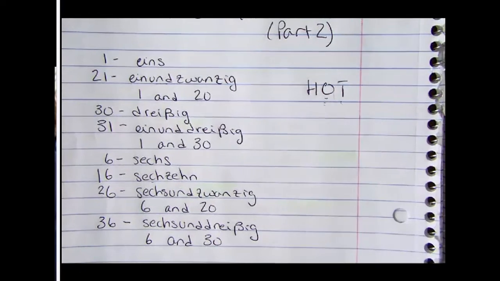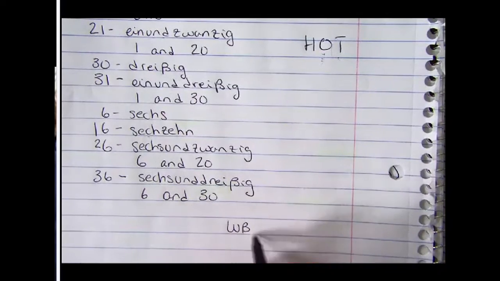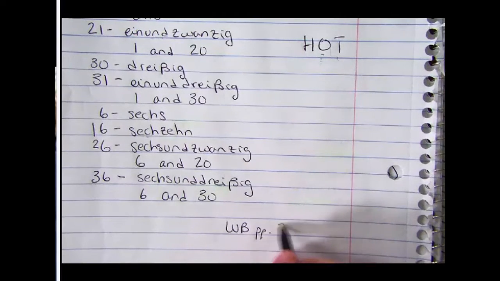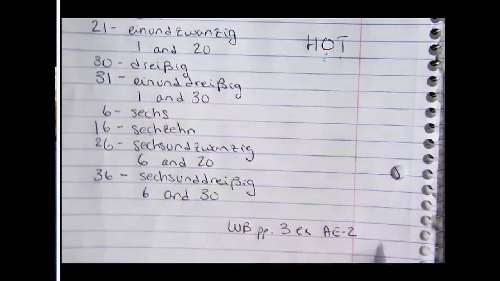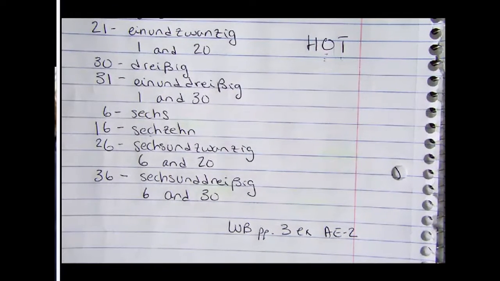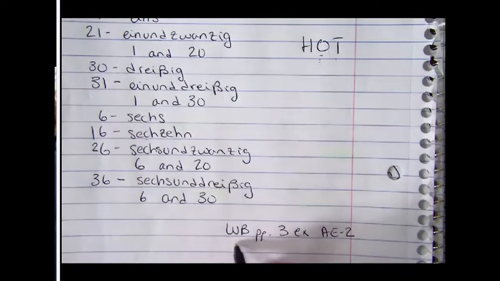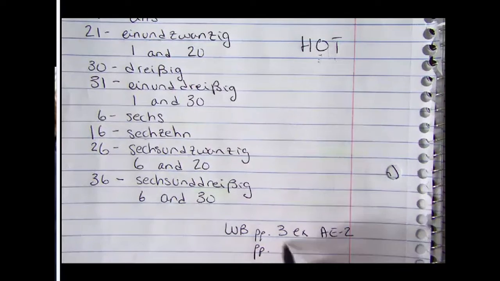Okay, you should have already gone through and practiced writing a lot of these. I had assigned you before workbook page number 3, and you did exercise number AE2. That was where you were putting a bunch of your personal information, like your area code, your phone number, and your house number. And then you had gone through and you finished on page 5.